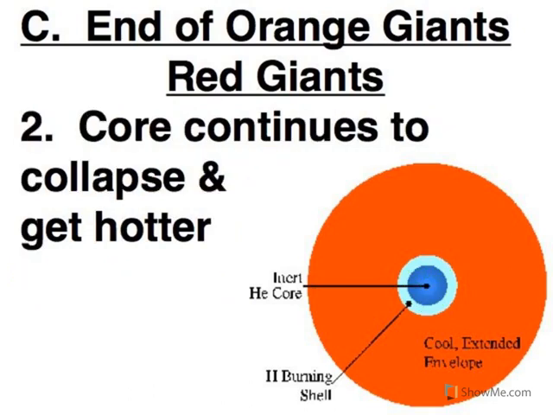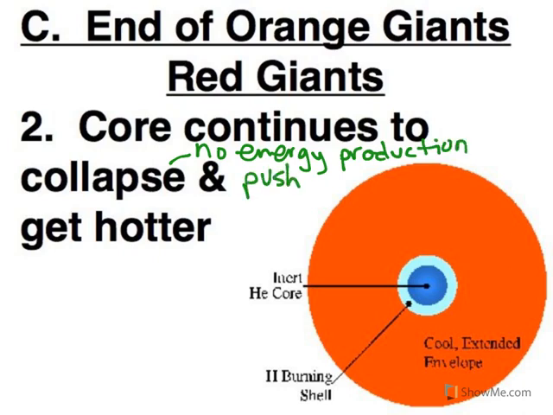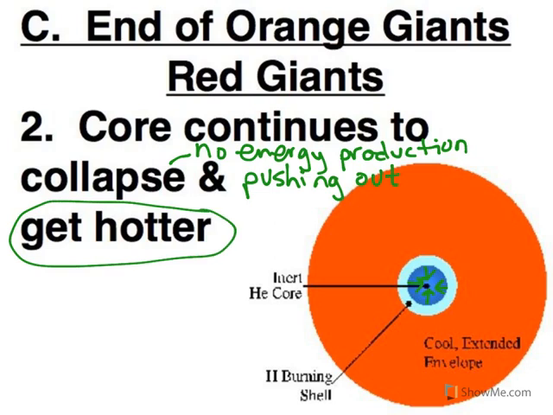That core, of course, is going to collapse since it has no energy production to push out. And so gravity is going to win, and that core is going to collapse inward. And as we keep seeing, when you collapse a gas, it's going to get hotter.